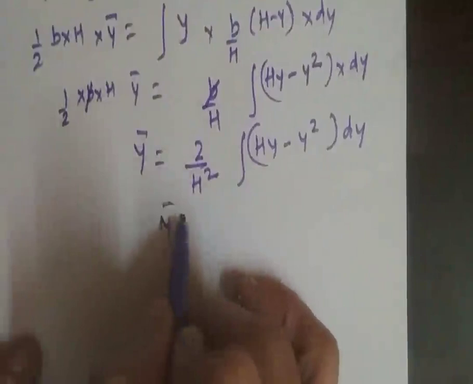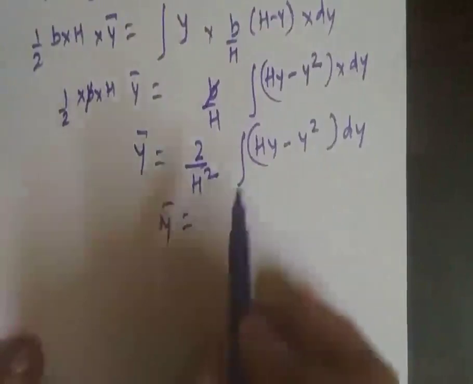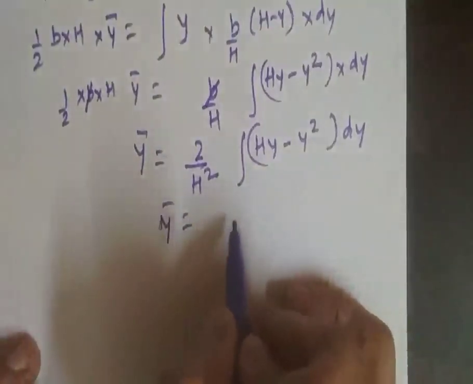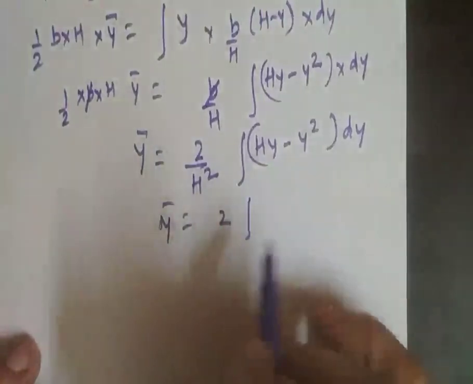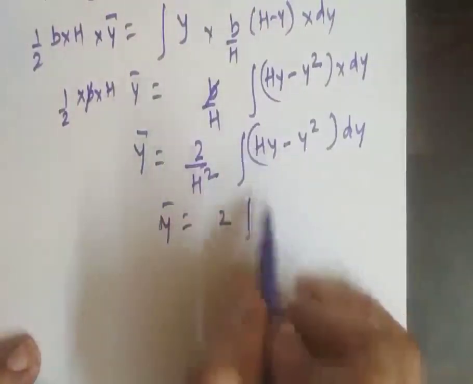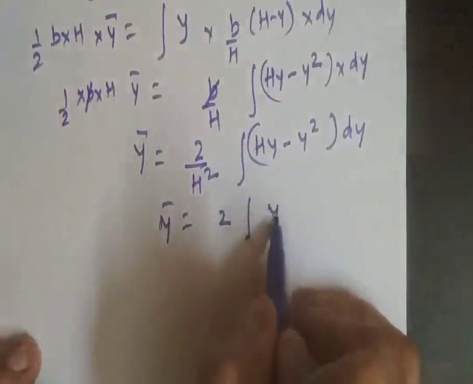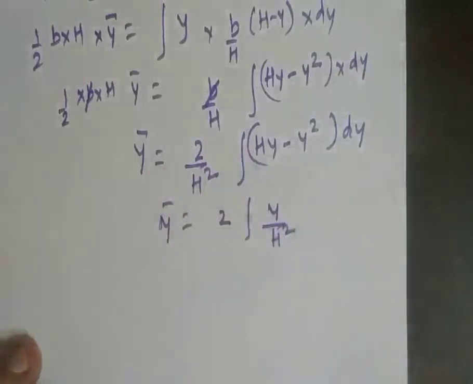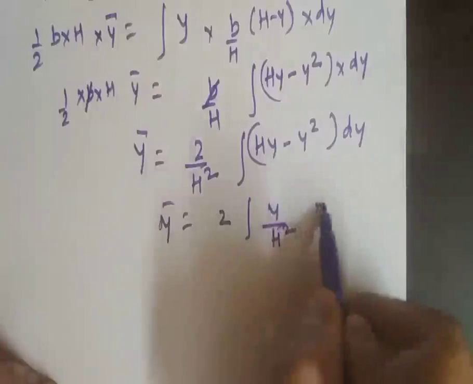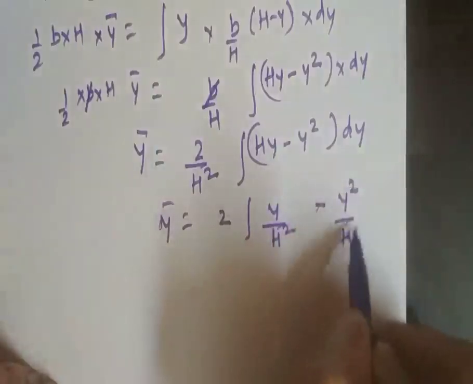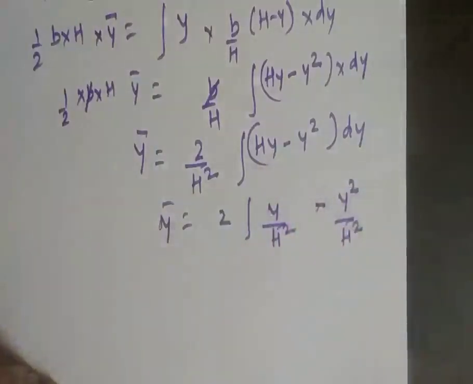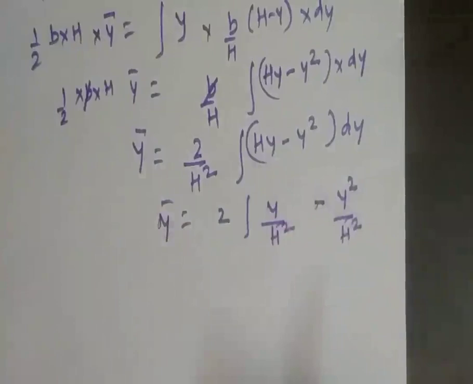So y bar will be equal to 2, keep it as it is, integration of y divided by h square, that is the first term, minus y square divided by h square. This is the second term here. Now we need to integrate and then find the solution.